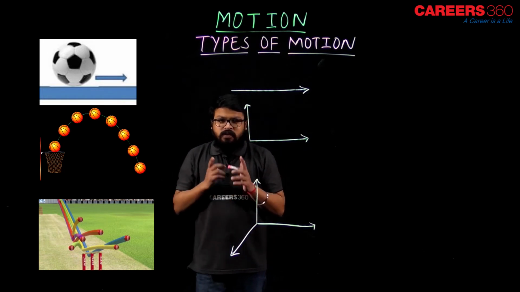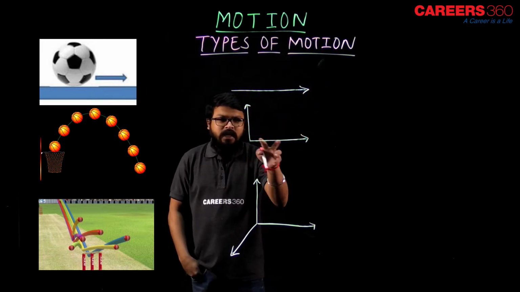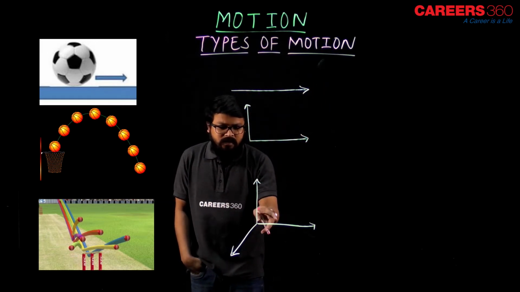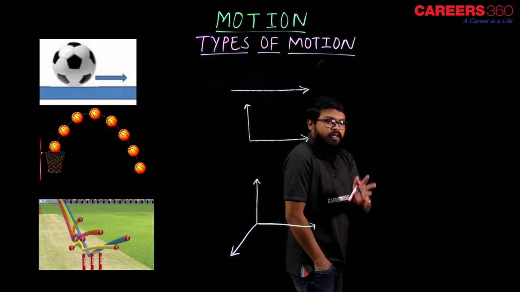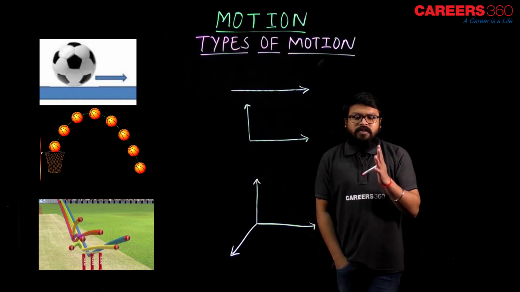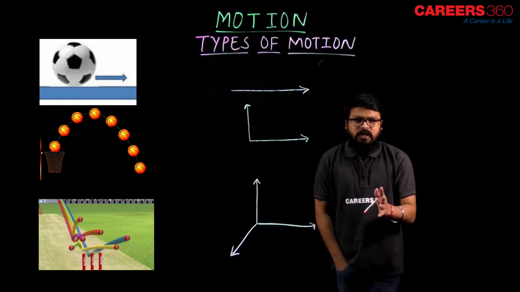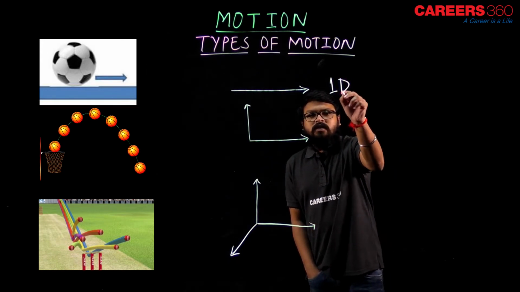So remember, in the first case I showed you one direction, second case two directions, third case three directions. When the body is in motion, if it changes its position only in one direction, it is called one dimension.